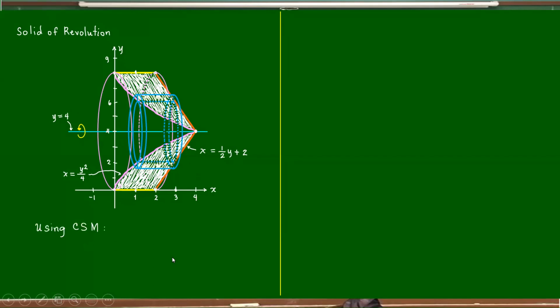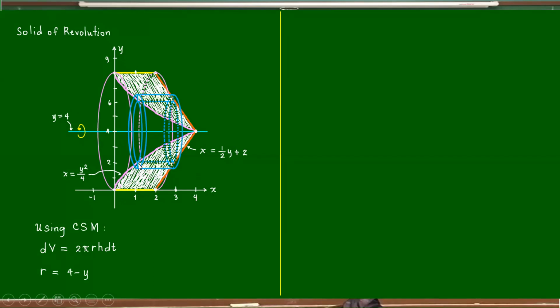Using cylindrical shell method, dv equals 2 pi r h dt. R is 4 minus y, so that is the mean radius of the shell. So that is axis of revolution minus here, this point is y. Okay, so the element is from this x-axis is y.